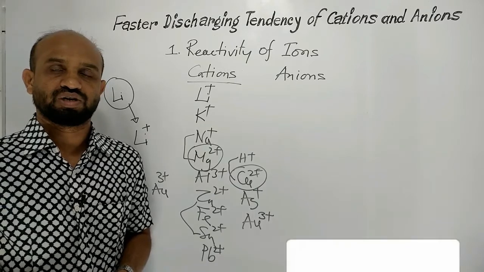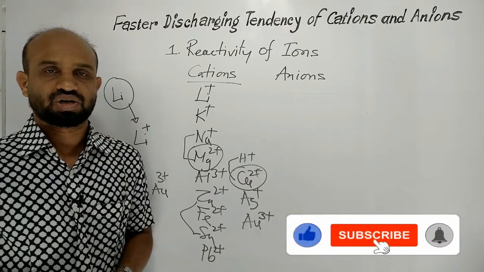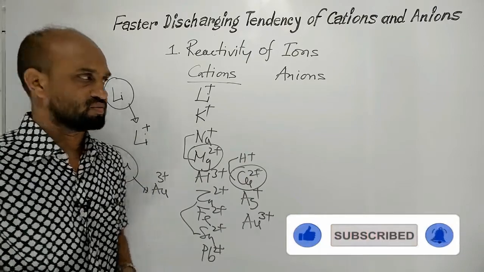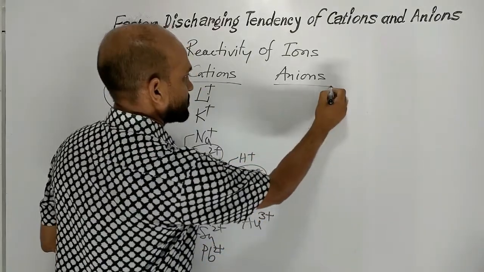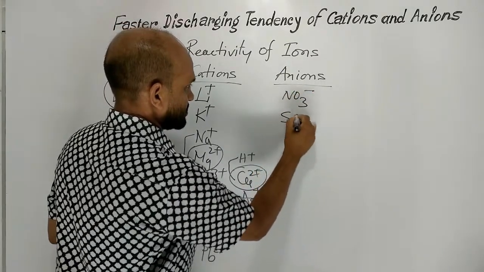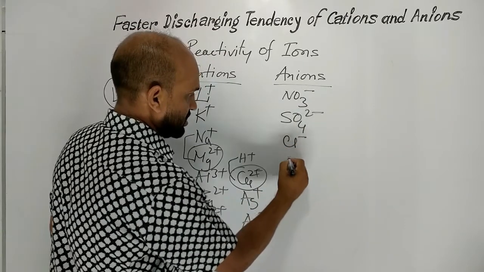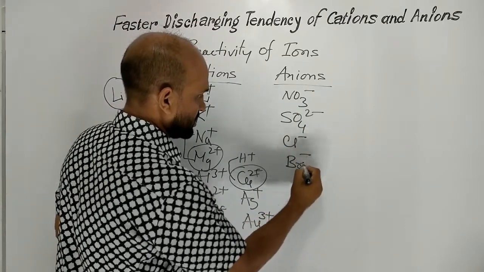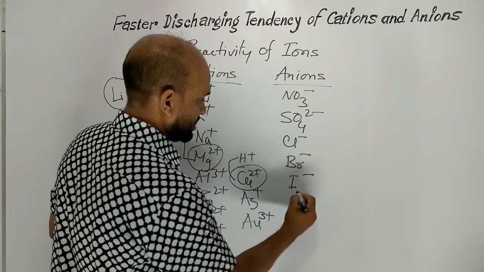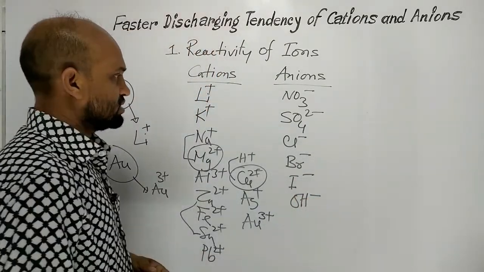This is about electrochemical series of cations. Now let's see electrochemical series of anions. Nitrate ion, sulfate ion, chloride ion, bromide ion, iodide ion, and hydroxide ion.